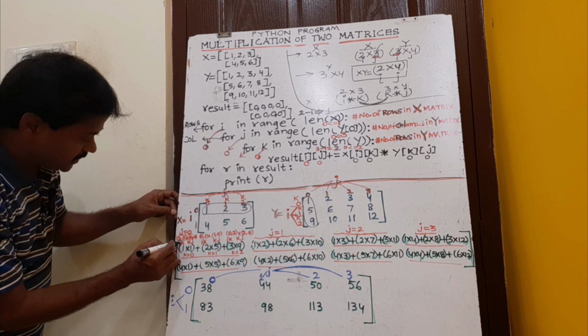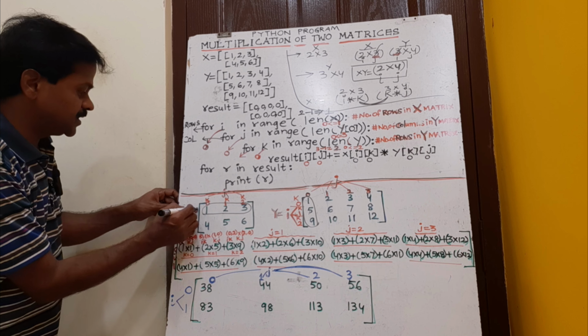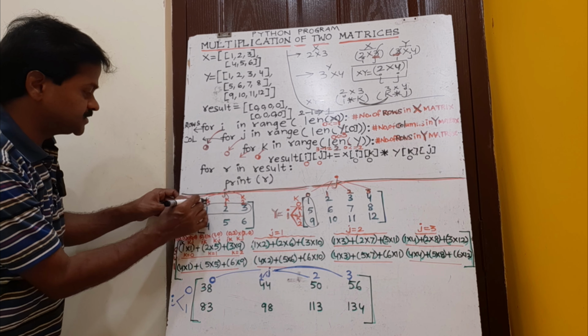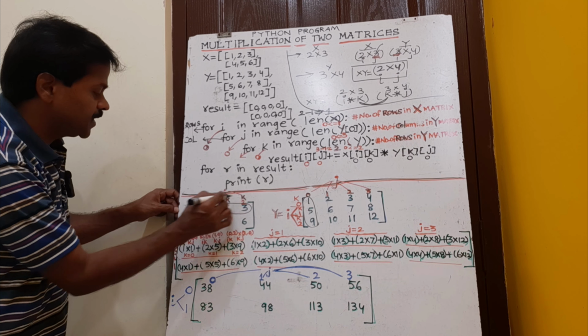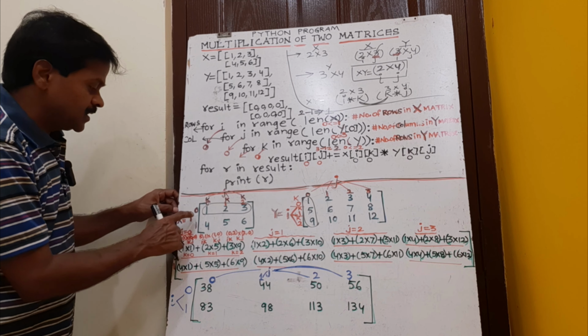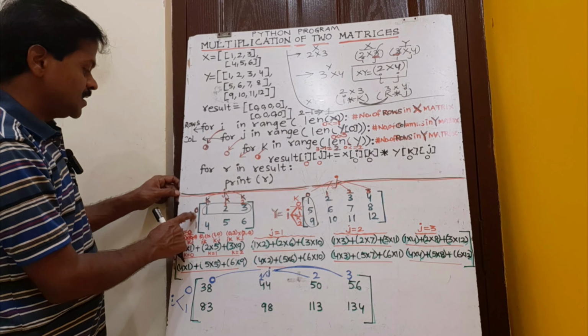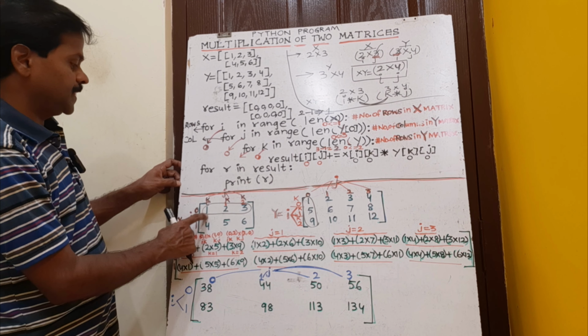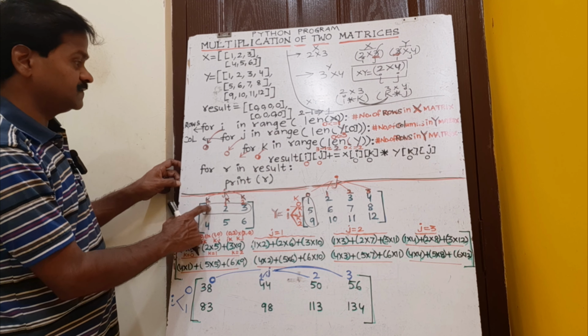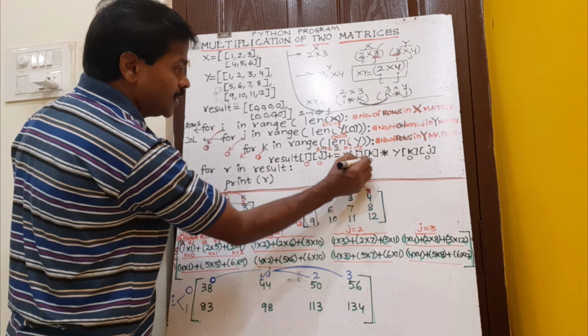This is the Ik value. This is the I and K. This is the K. K will be incremented like this. First time this value: I of 0, K of 0.